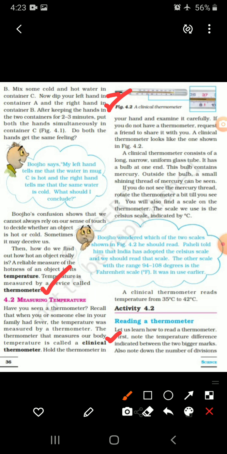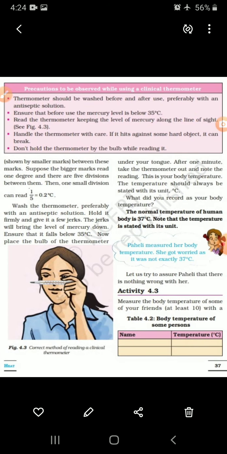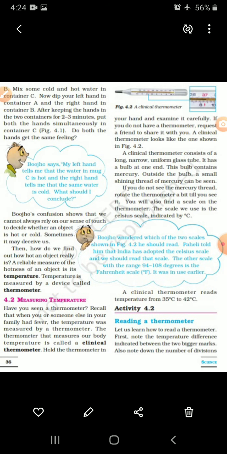Now, the activity given here is 4.2, reading a thermometer. How can you read the clinical thermometer? First, note the temperature difference indicated between the two bigger marks.